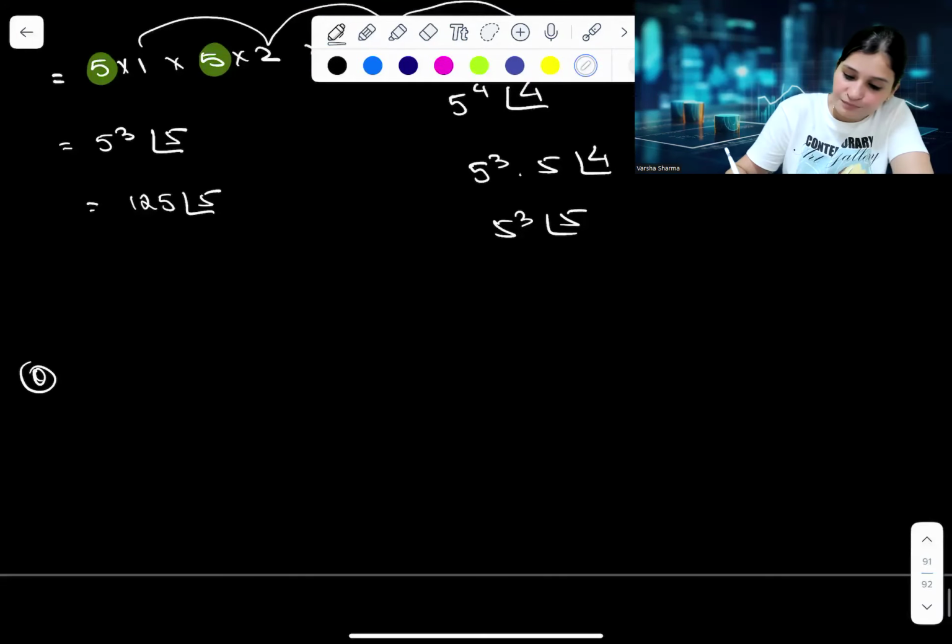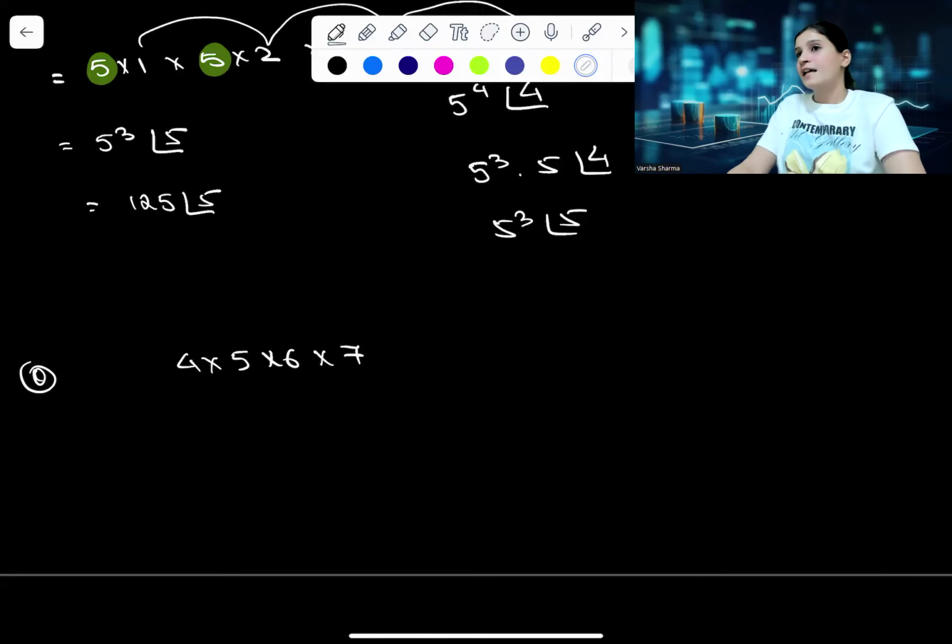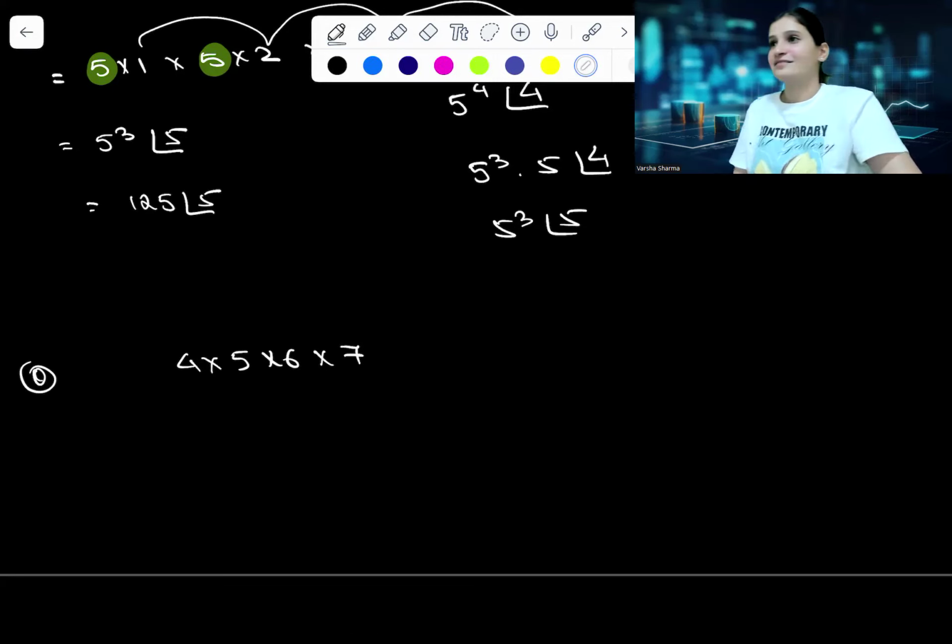What will be happening here? 4 into 5 into 6 into 7. Express it as a factorial.